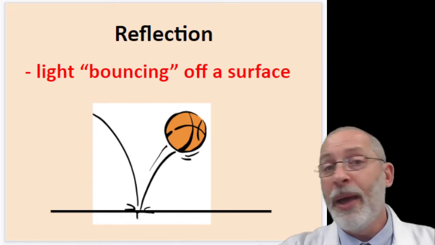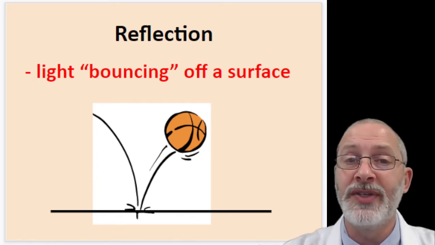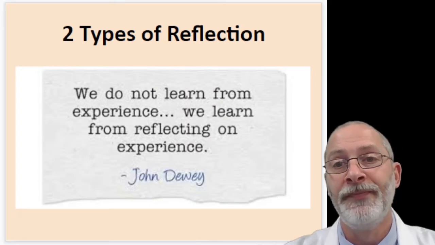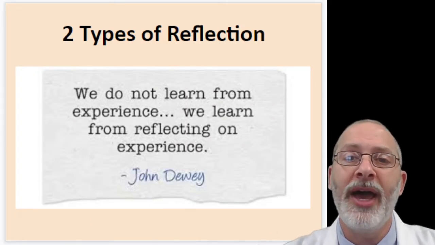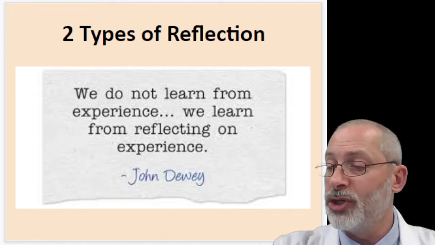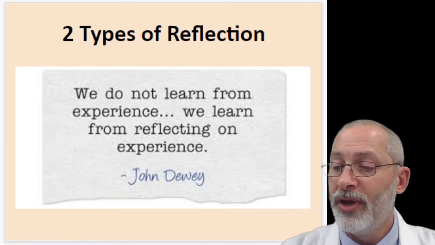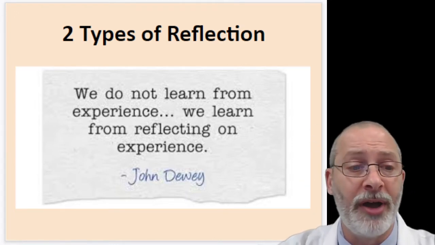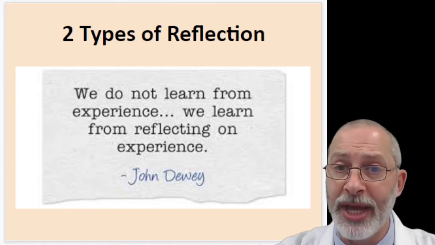Light bounces off of surfaces, but it does so differently with different kinds of surfaces. There are two types of reflection, and we're going to be talking about these two types of reflection for the remainder of our period today.